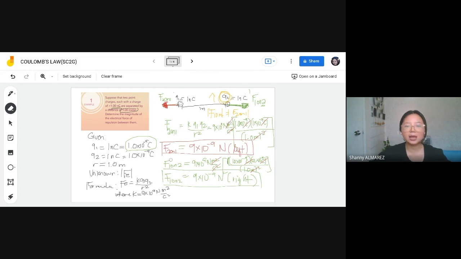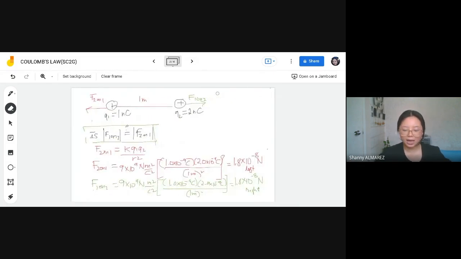Pero dun sa second setup natin, nung in-increase natin ang value nung isa, ginawa natin 2 nanocoulomb, doon natin napansin na nag-increase yung force na na-experience nila together, not individual. Okay? So, yun yung ating concept of Coulomb's law. Na kahit magkaiba yung charges nila, same force will be experienced by the charges involved. Okay? So, that's right. Next, let's now move to the next example.